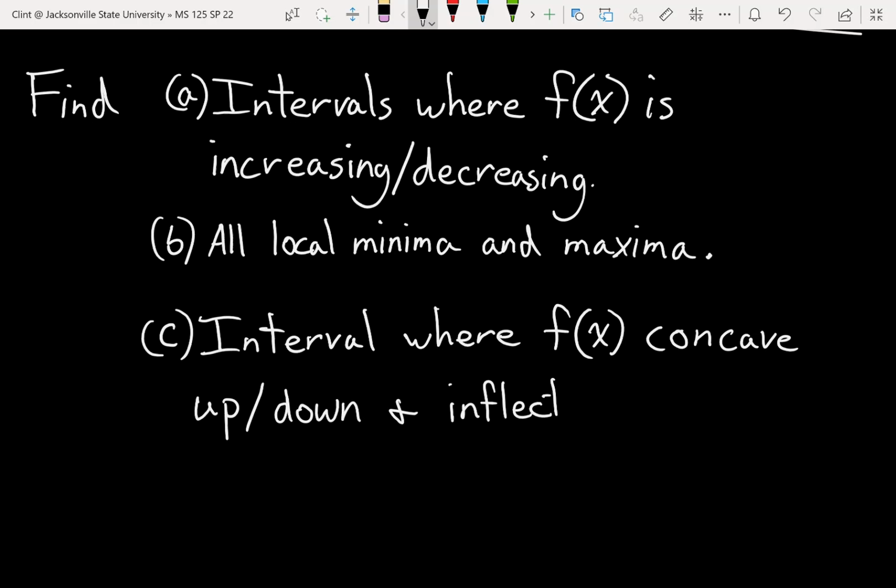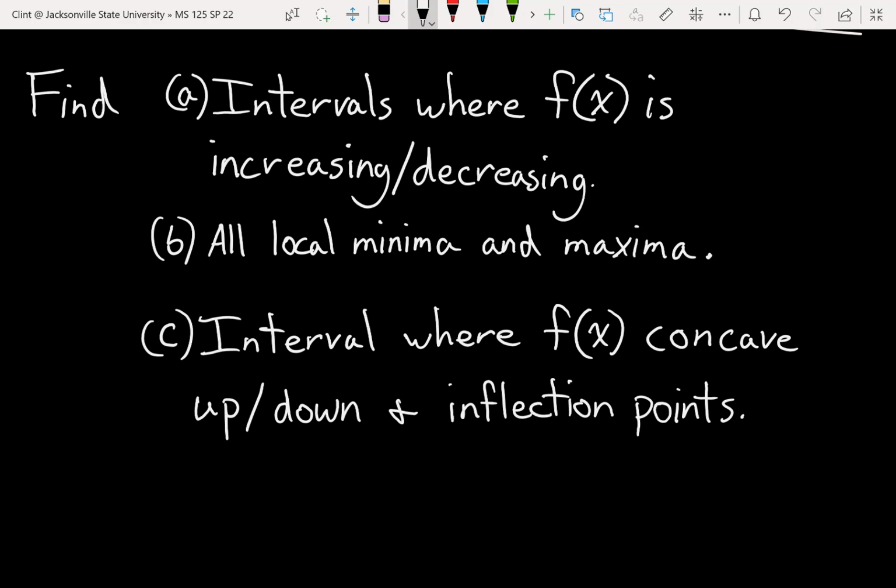Remember, an inflection point is where it changes from concave up to concave down, or concave down to concave up. That's what we're after on these. And again, you won't necessarily have to do all of this on every problem. Okay, we're just getting in the extra practice.